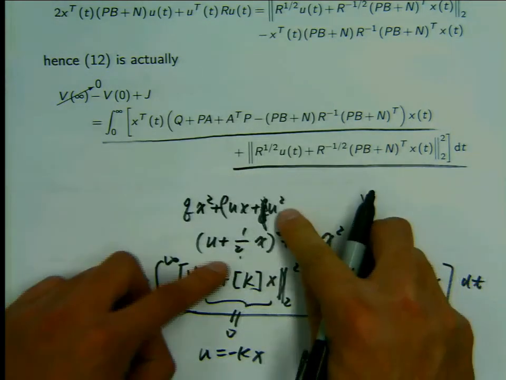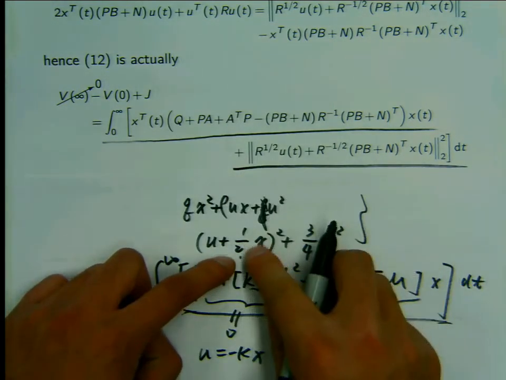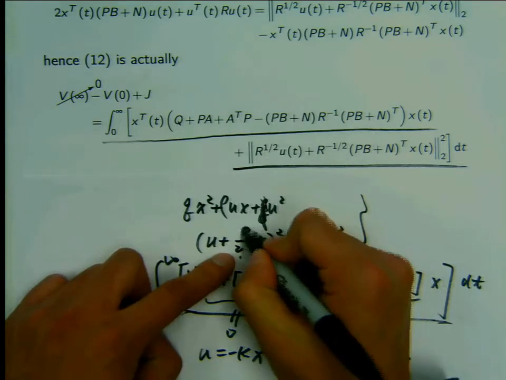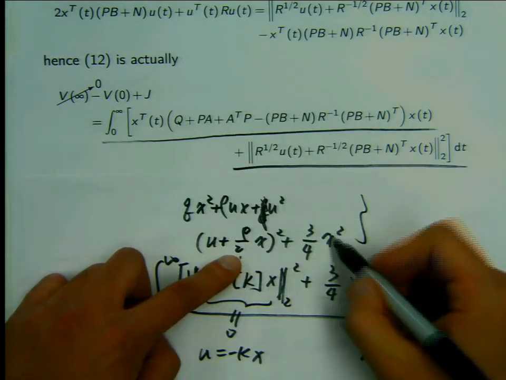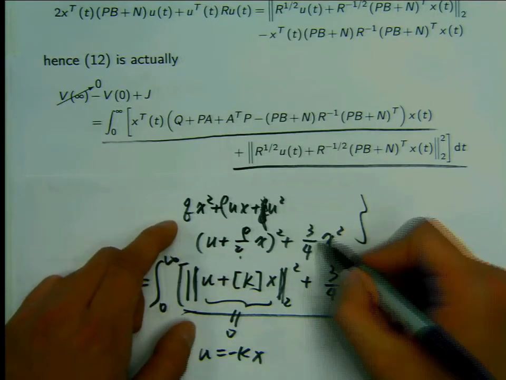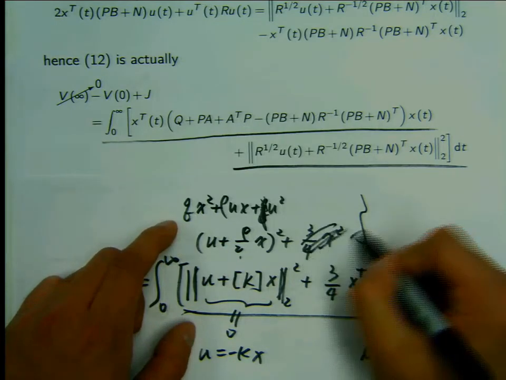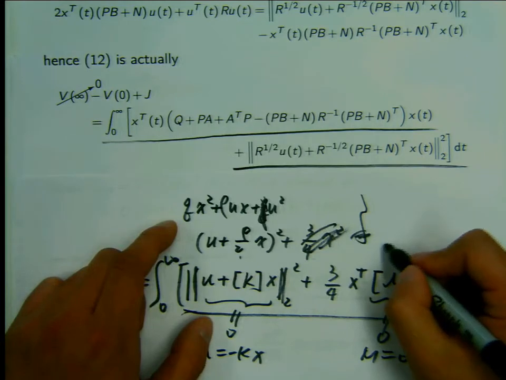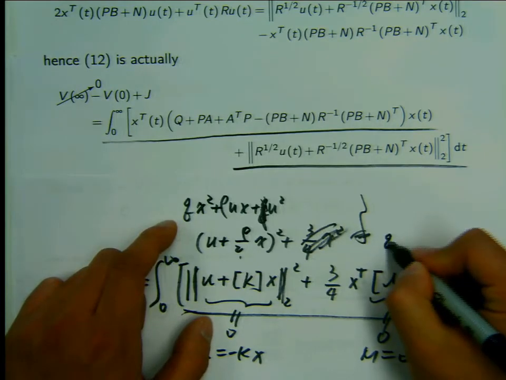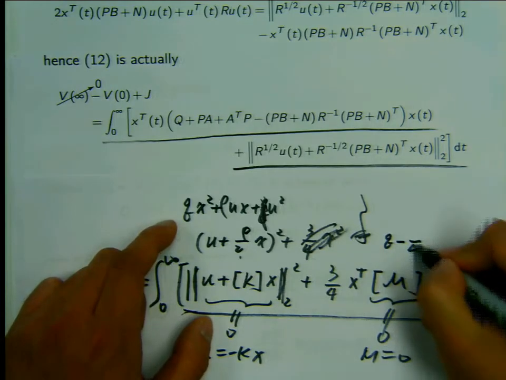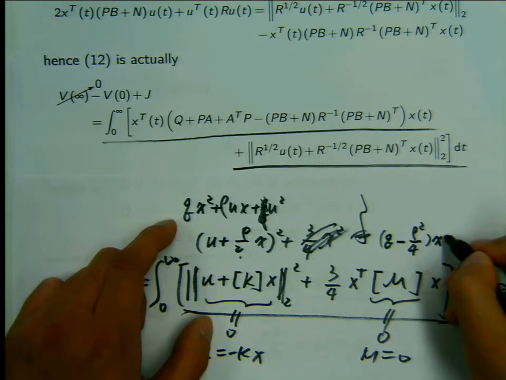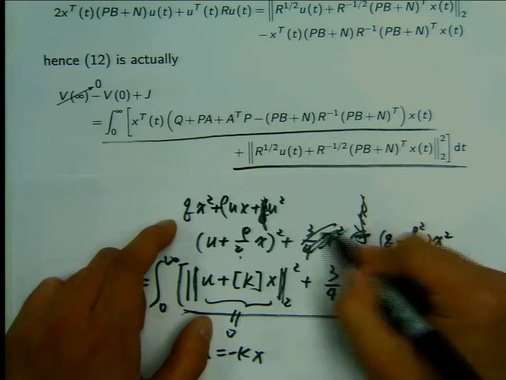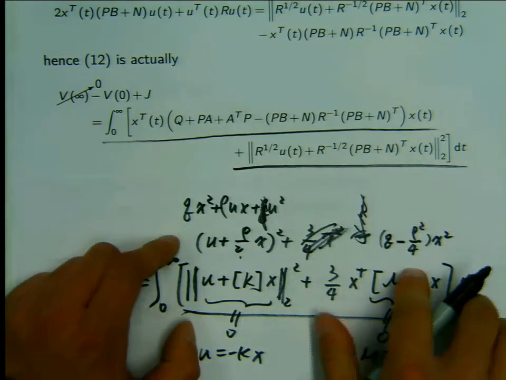Then I'm going to have u square rho divided by 2. And then here I'm going to have, let's say, some other term which is containing Q minus 4 rho square x square. Everyone sees that?